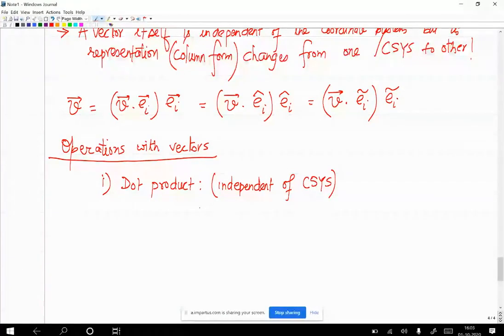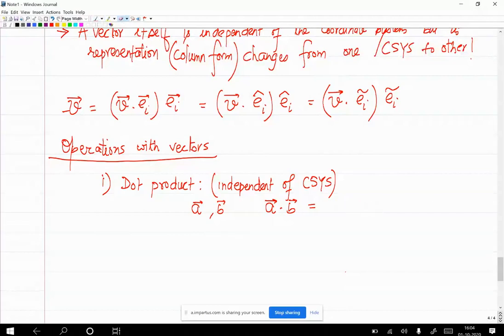So when you have two vectors A and B, the dot product means I have to write like this, A dot B. Okay, and in index notation, this is AiBi, correct? But what is Ai, A1, A2, A3? They are the components of the vector A in some coordinate system, isn't it? So let me be more careful now. You can't just write AiBi.